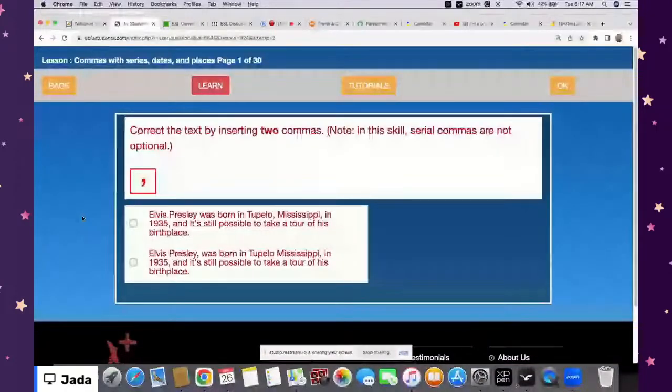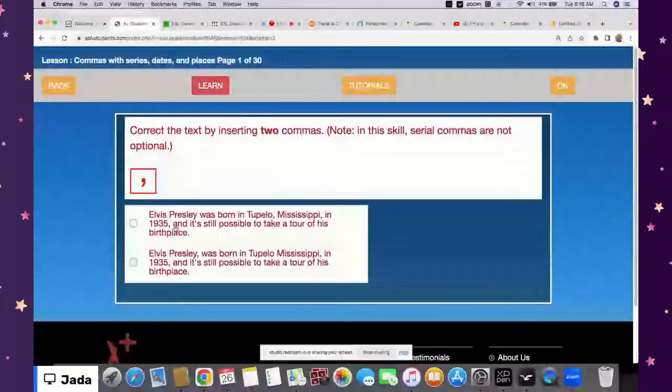So now you need to correct the text by inserting two commas. Note that we've learned where you should insert commas for series, for dates, and also for the places. Okay? So now look at this one. Now, Elvis Presley was born in Tupelo, Mississippi in 1935, and it's still possible to take a tour of his birthplace.